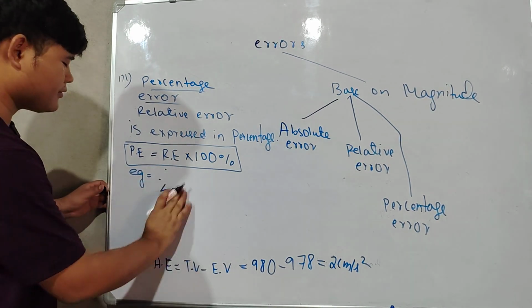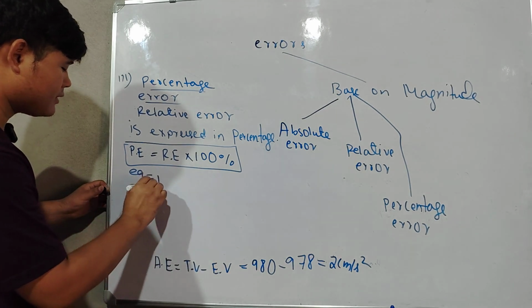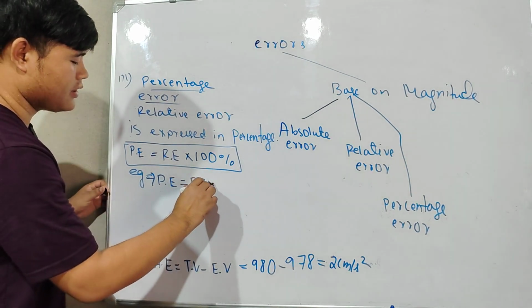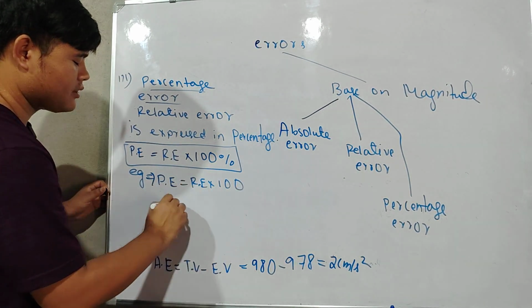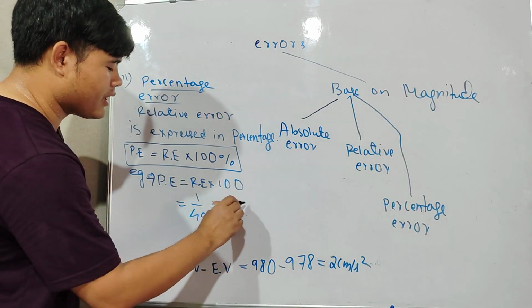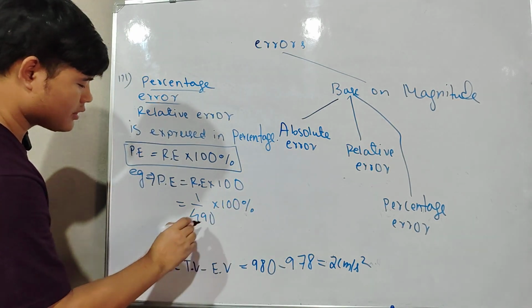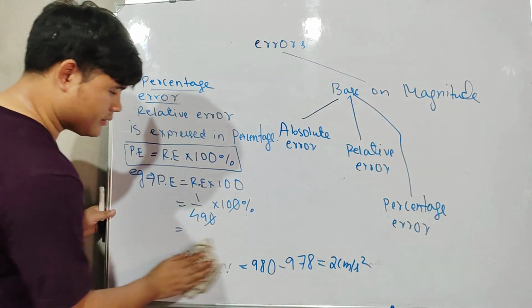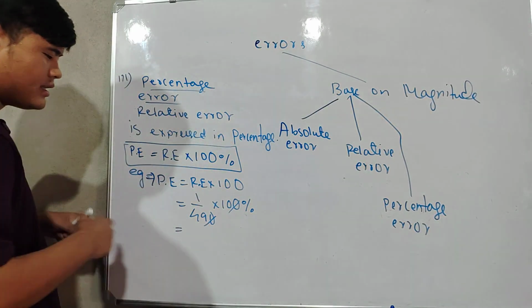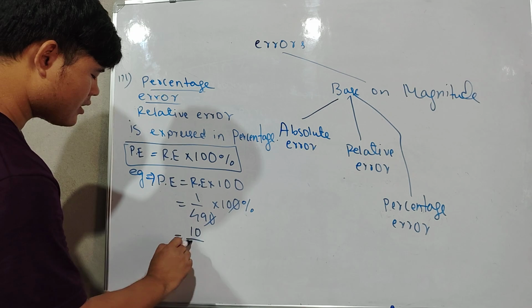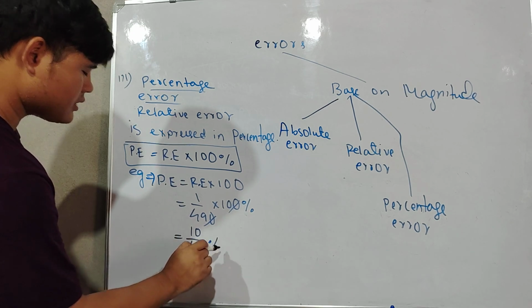So if we are to find the percentage error, how will you find it? Percentage error is equal to relative error into 100, right? So relative error, how much did we get? 1 by 490, into 100. Now percent will come. So the 0 cancels. Then divide it: 10 by 49 percent.